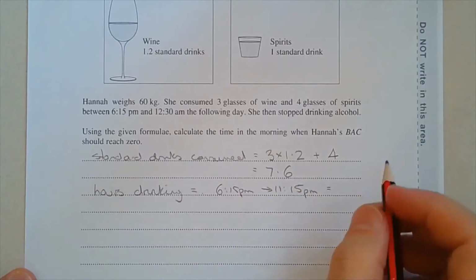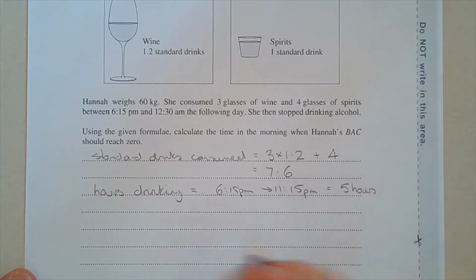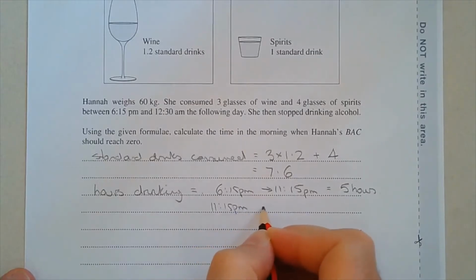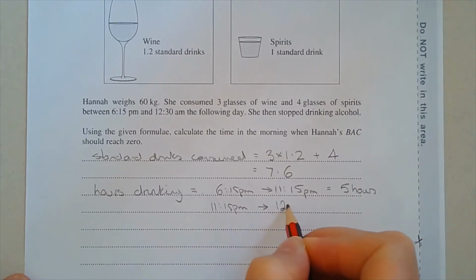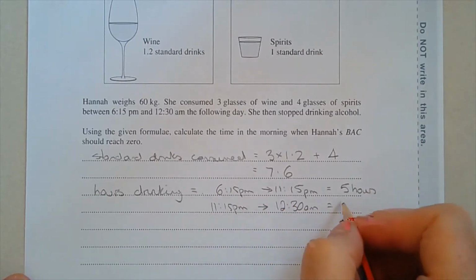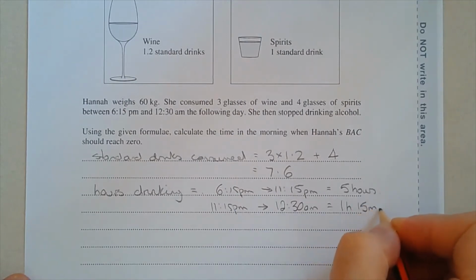Yeah, and that's equal to 5 hours. And then from 11:15 p.m. to 12:30 a.m. is 1 hour and 15 minutes. Okay.